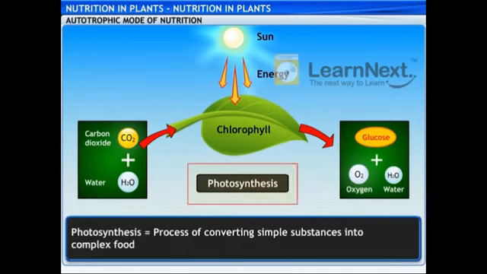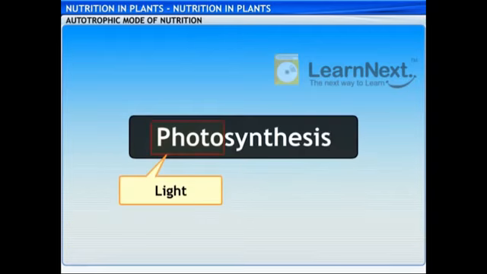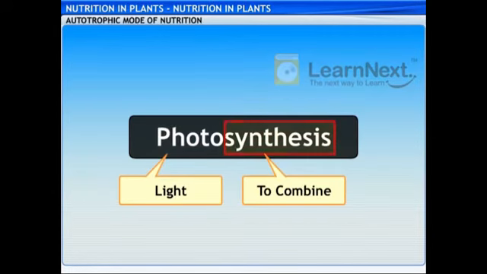The word photosynthesis is derived from 2 words. Photo, meaning light, and synthesis, which means to combine.